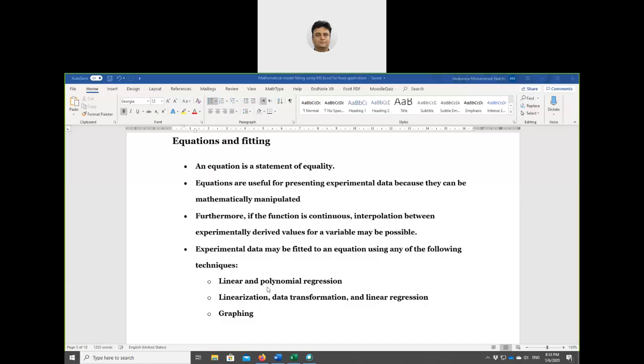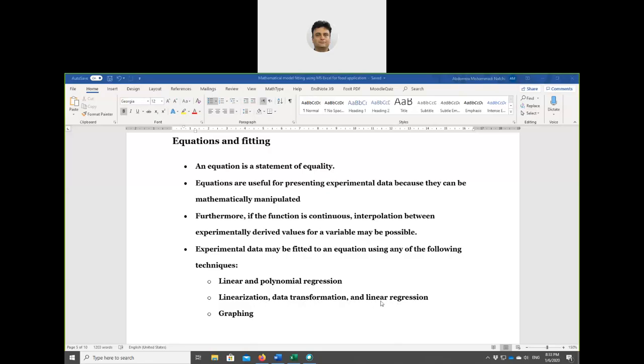I will show you how we can do linear and polynomial regression through Excel. Linearization: sometimes we can linearize a non-linear equation, and I will show you. Then data transformation, where we transform our data, and linear regression.